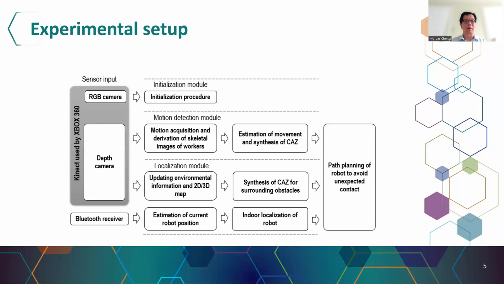The robot will also start to collect the Bluetooth signal from the surrounding area to determine where it is located. So it will be able to decide which path to move through. Once we have this information, the path is going to be planned accordingly.